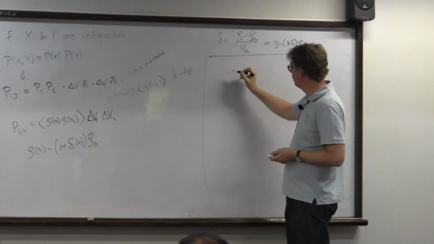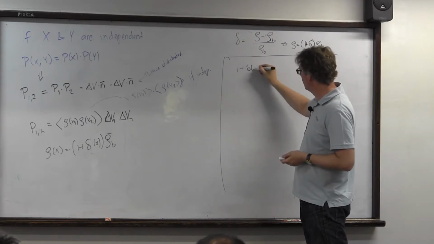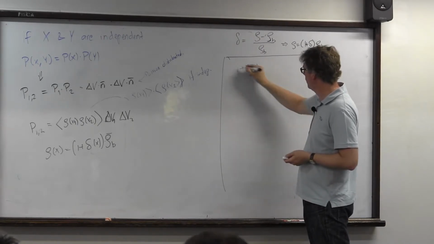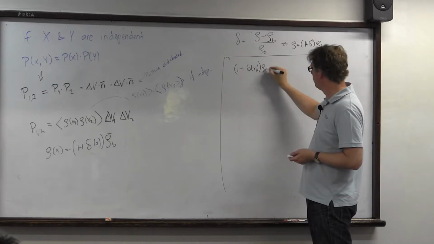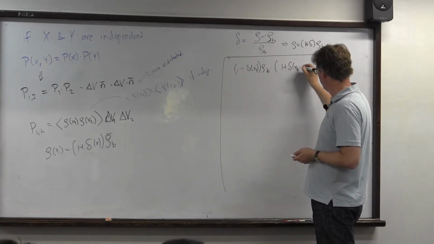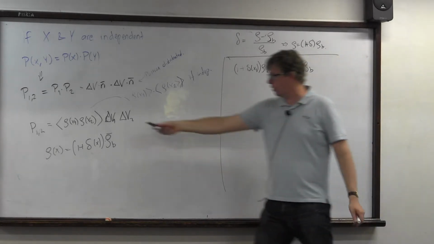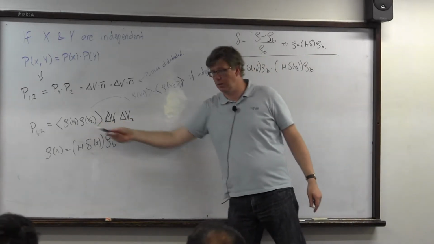So I'm going to have 1 plus delta x1 times rho background, 1 plus delta x2 times rho background. That's this term in here.